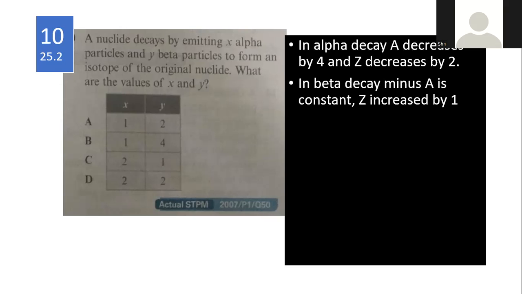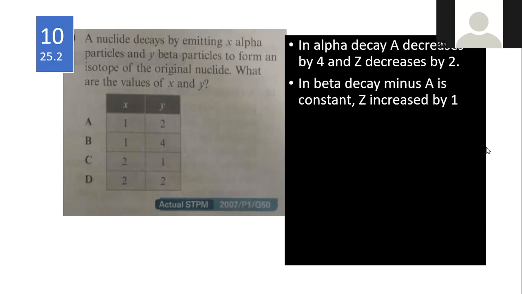Yep. A. In alpha decay, A decreases by 4 and Z decreases by 2.